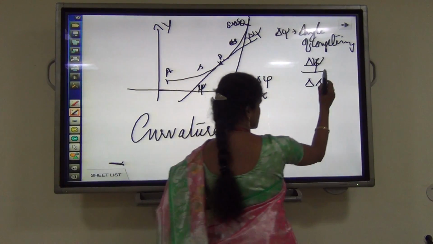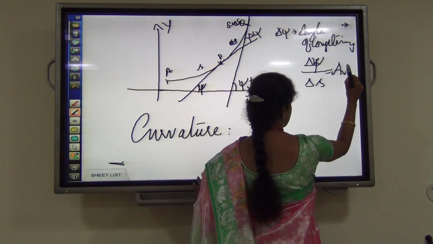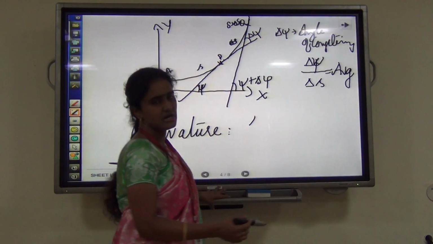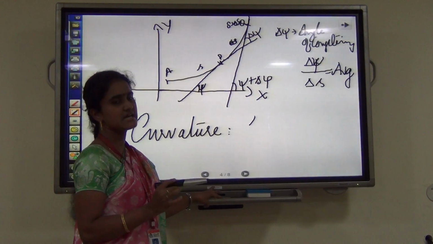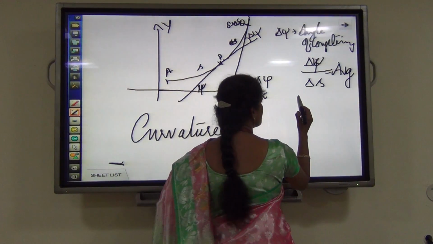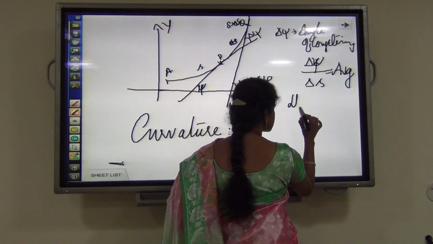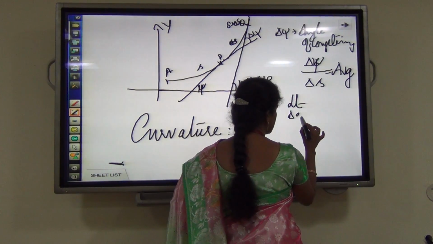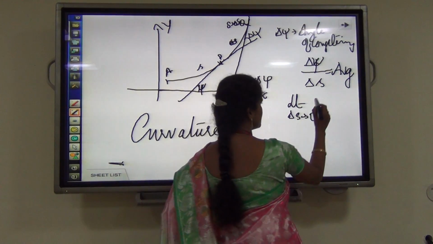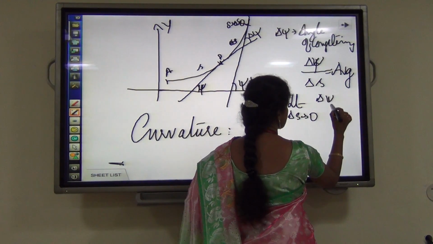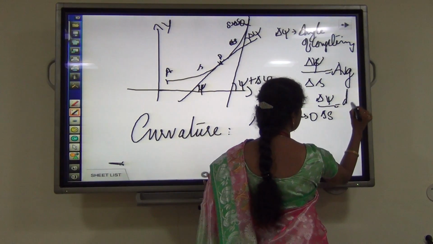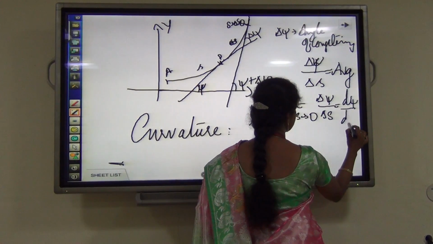This is the average, the average of the angle with respect to the arc distance, delta psi by delta s. Now when you make this small arc distance delta s tend to 0, delta psi by delta s will become d psi by ds.